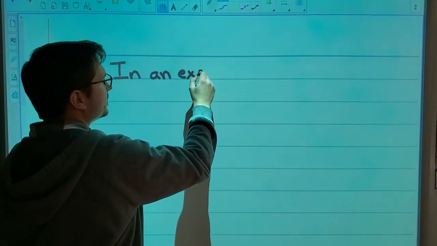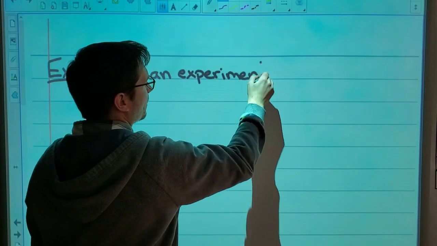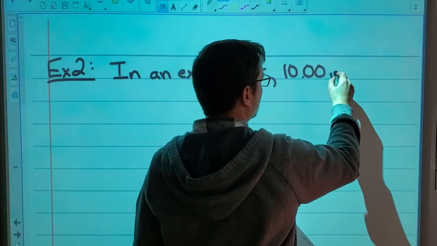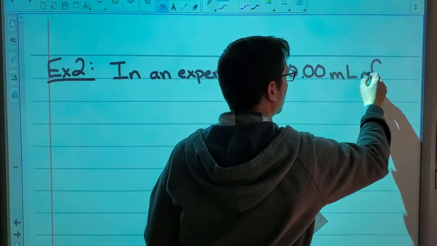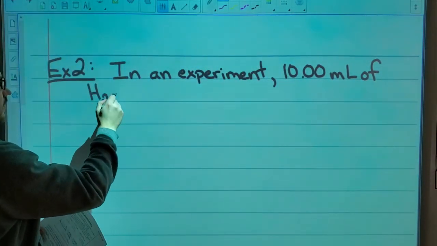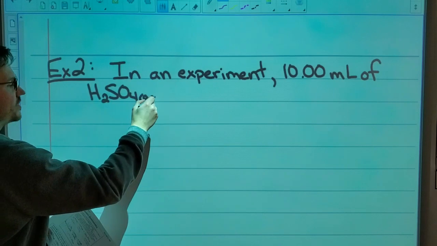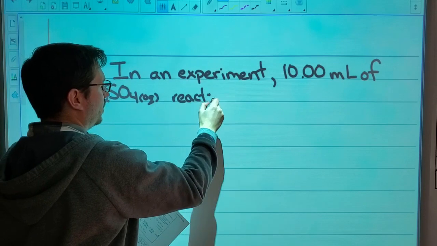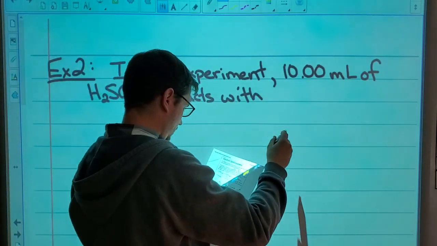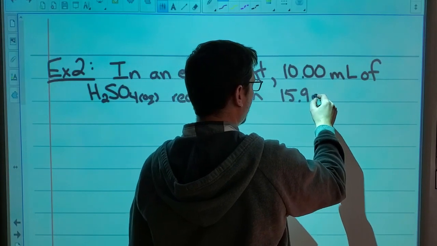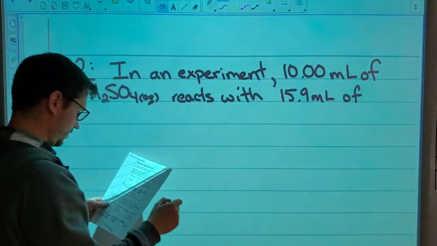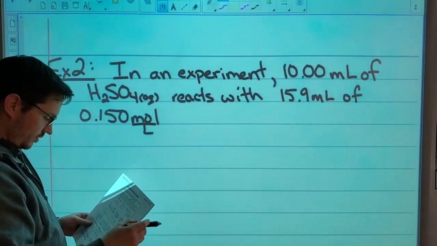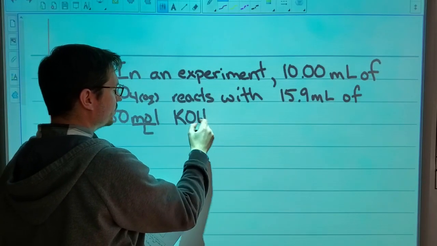In an experiment, ten milliliters of sulfuric acid, H2SO4, reacts with 15.9 milliliters of 0.150 moles per liter potassium hydroxide, KOH.